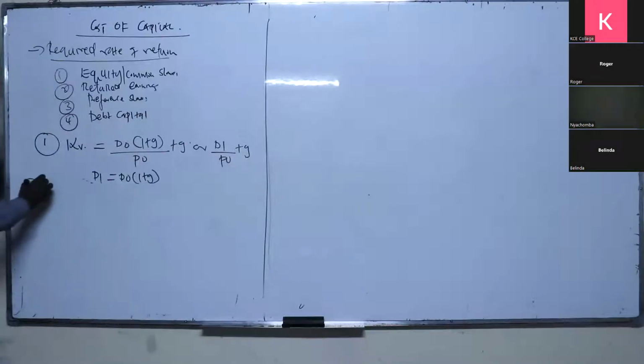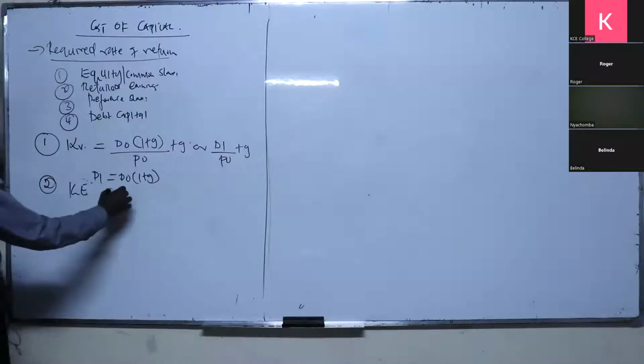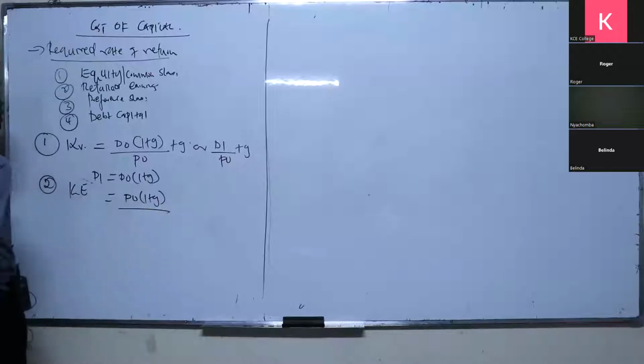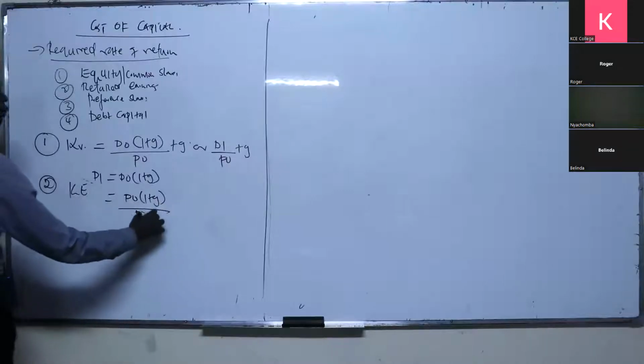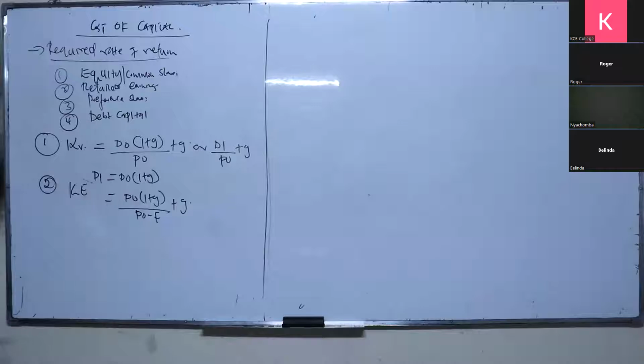And then number 2, we have the cost of equity. We write KE, cost of equity. It is computed the same way as cost of retained earnings. They are the same, except now for equity, we have what we call the flotation cost. Remember, for the cost of equity, we have to issue shares in the market.